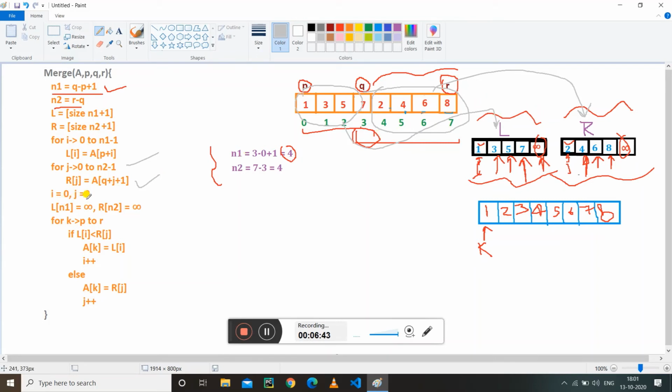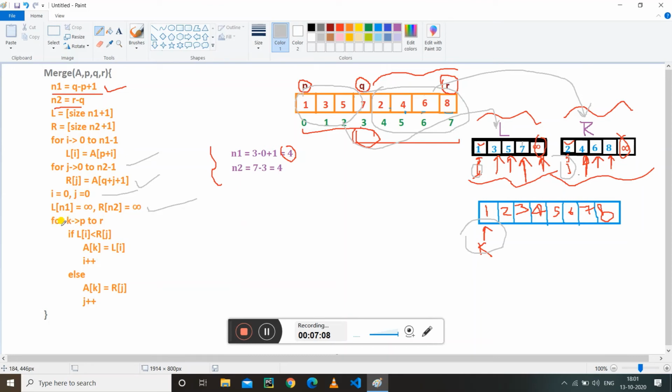Now remember, we assign i here, j here and k here. We just say i is equal to 0, j is equal to 0, and one more thing: we are going to make infinity the last elements of both L and R. So after copying, we make these infinity, and we know why we did it.